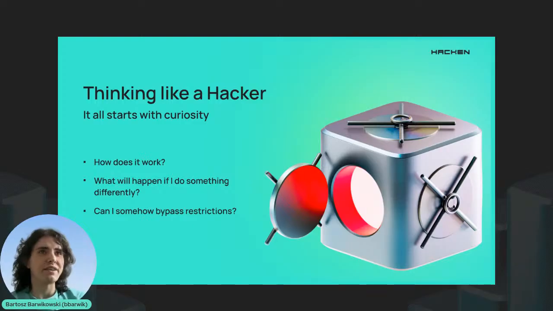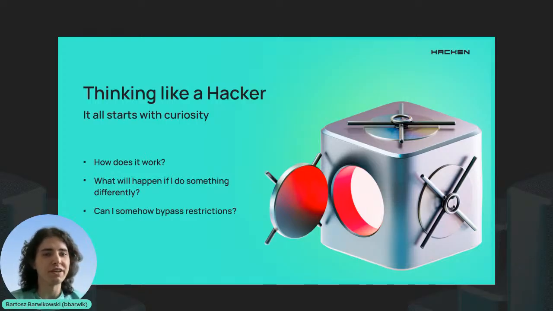So finding a way to do something differently, the other way than the developers planned. It's usually not about just checking the code and searching if there's a mistake in the code, or if something was coded incorrectly.